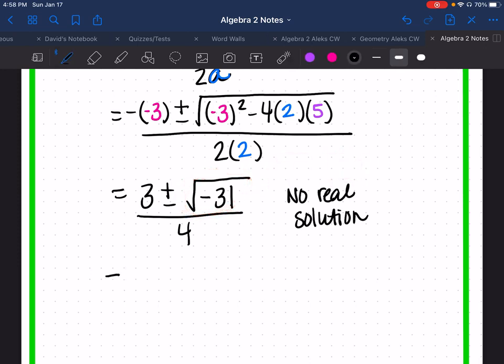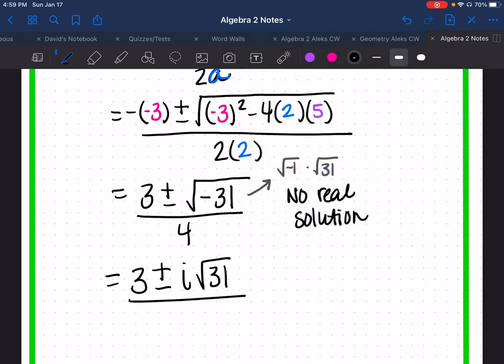And I can think of this as i times the square root of 31, divided by 4. So here would be my two answers right there.